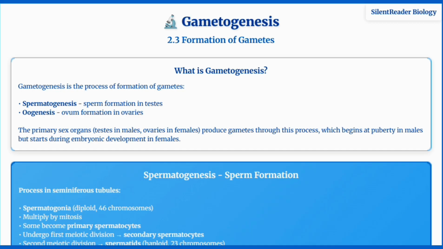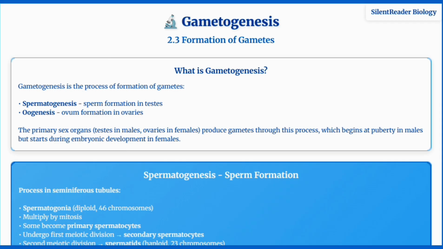Some of these develop into primary spermatocytes that undergo the first meiotic division to form 2 equal haploid secondary spermatocytes, each with 23 chromosomes. These then complete the second meiotic division to produce 4 equal haploid spermatids, which are transformed into mature spermatozoa through spermiogenesis.